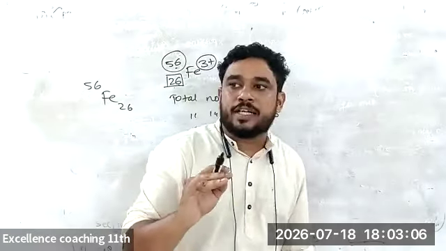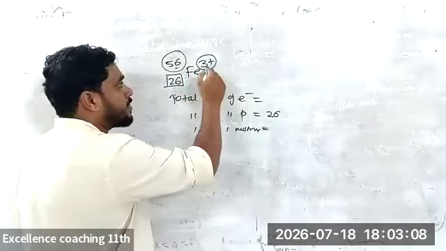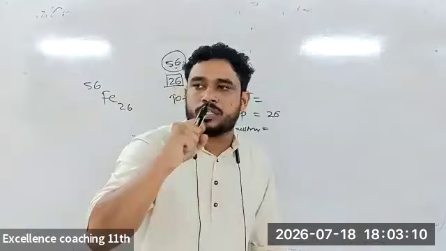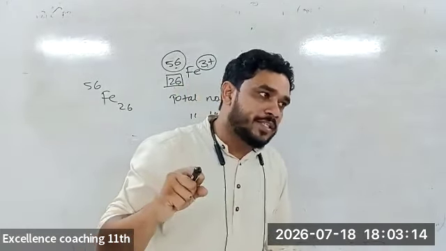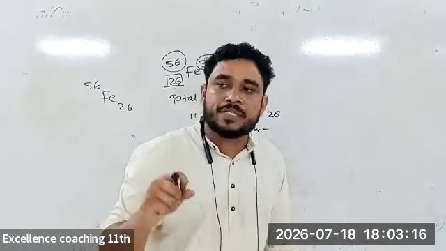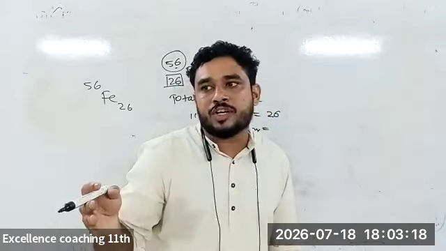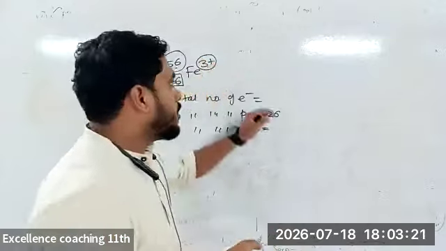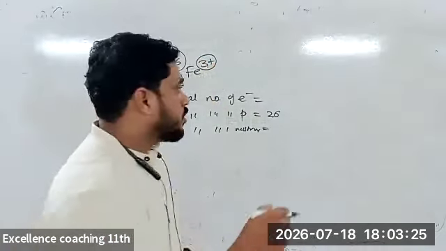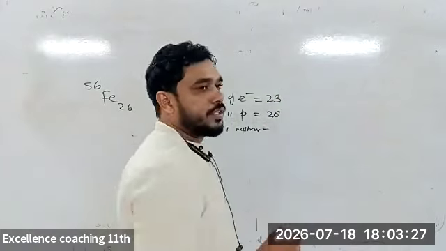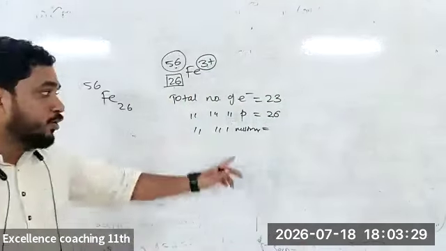If there is a charge, then you have to adjust. If there is plus, it means you have removed electrons, 3. So for Fe, what is the atomic number? 26. So how many protons are present? 26. How many electrons? 26. What's the charge here? Plus 3. So how many electrons are removed? 3. So how many electrons here? 23. Understood?